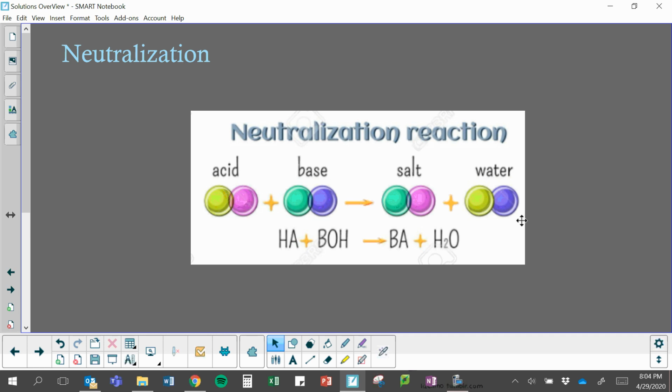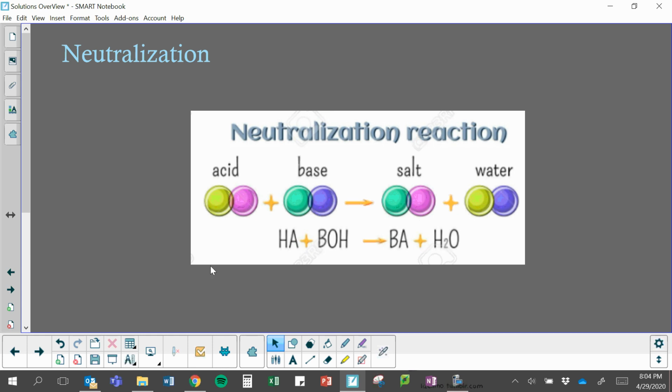And after the reaction is over, you would be left with a salt and water. So the idea behind this is that when we're adding our acid and base, they neutralize each other. So we're not left with an acid, we're not left with a base, we're left with neutral water. And whatever was bonded to the acid and bonded to the base, that's what forms our salt. So this is a neutralization reaction.